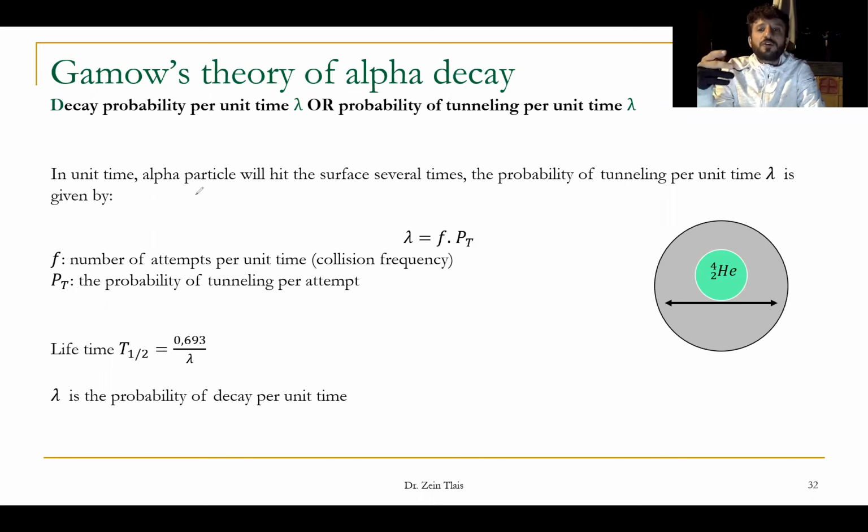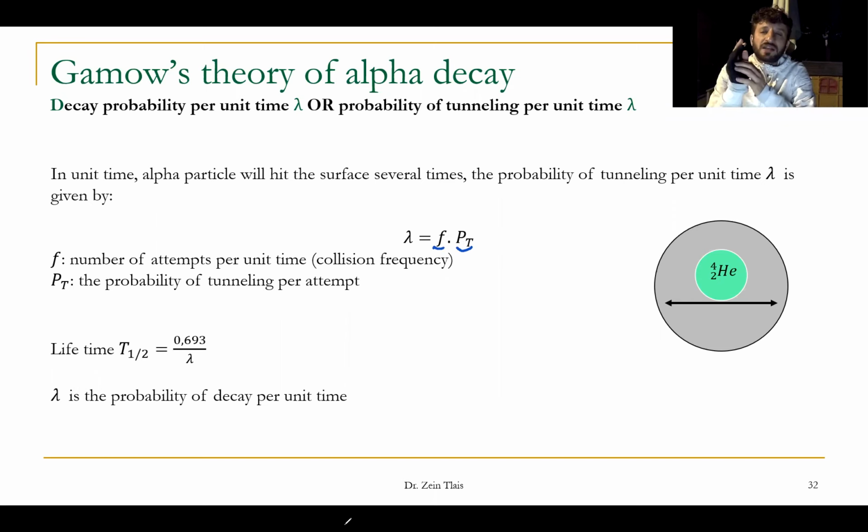So here we have a probability of tunneling per unit time. Lambda equals f times Pt, where f is the number of attempts per unit time, and Pt is the transmission probability of tunneling per attempt.